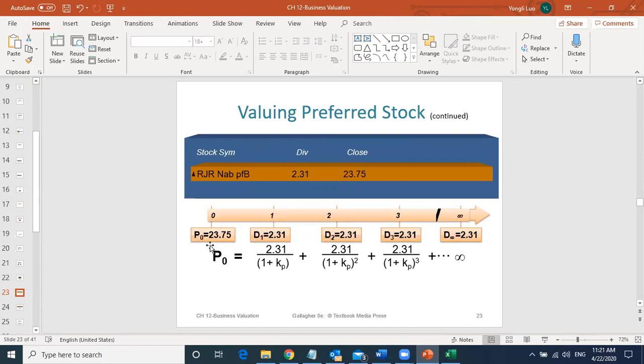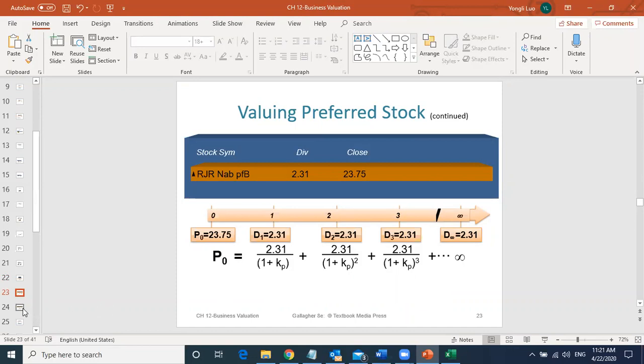That's going to be the present value. You can do this step by step. Calculate the required rate of return, KP, which is the required rate of return of the preferred stock, and then you calculate the price.